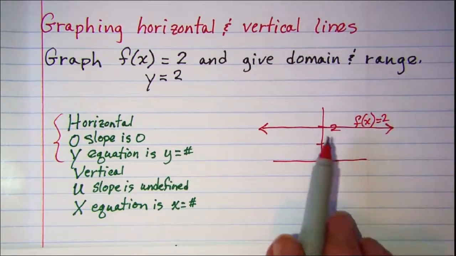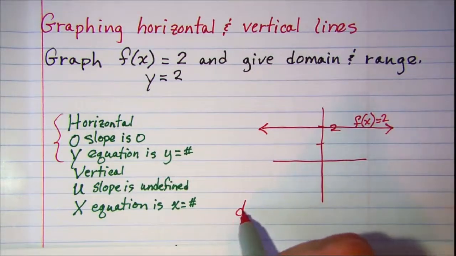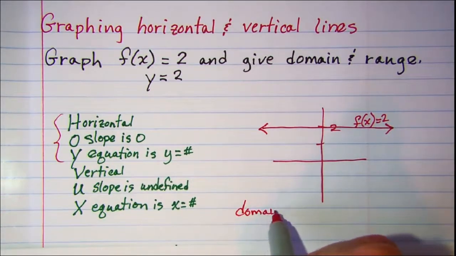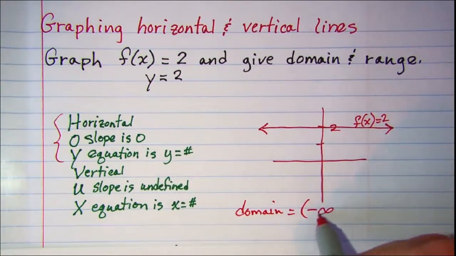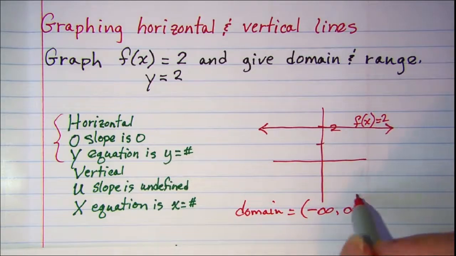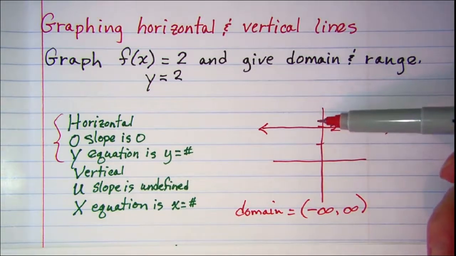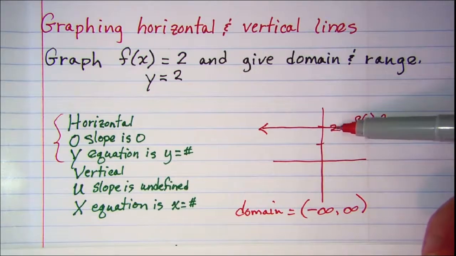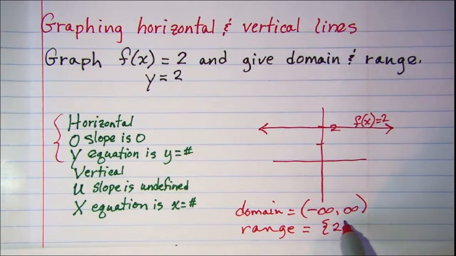Now our domain, instead of all x's, so our domain is all real numbers. We'll show that with negative infinity to positive infinity. And our range, which is just the y values, and we can see that the only y value that we're using is the number 2. So our range is just the set that contains the number 2.